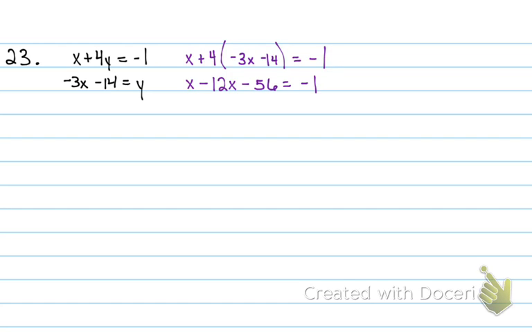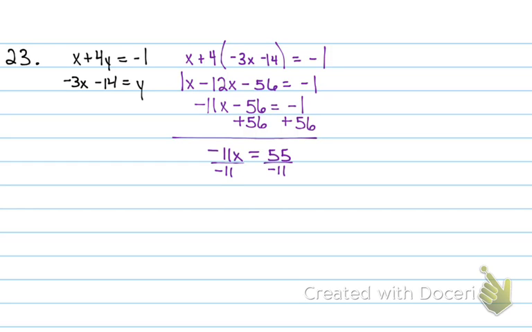What do I do now? Next. What's my next step? Combine like terms. X minus 12x is -11x. Minus 56, now add 56 to both sides and divide, and you get -5. Now come back up here and plug -5 in for x, and you're going to get 1.